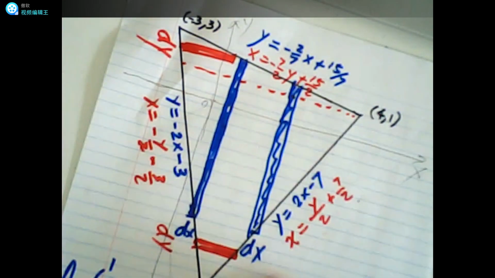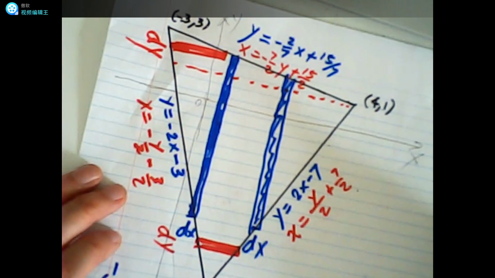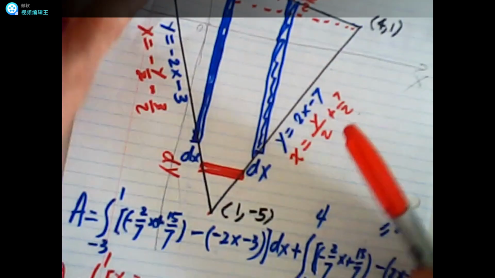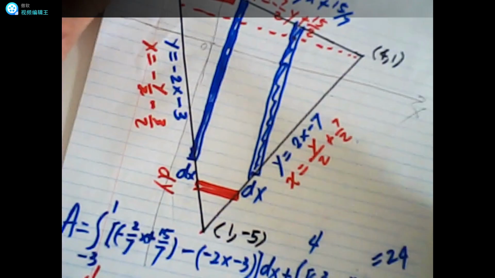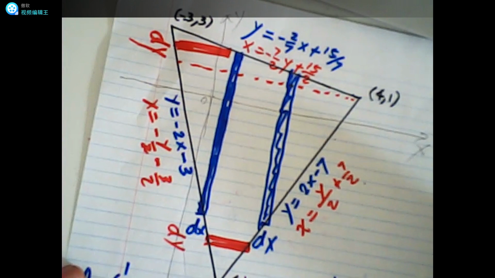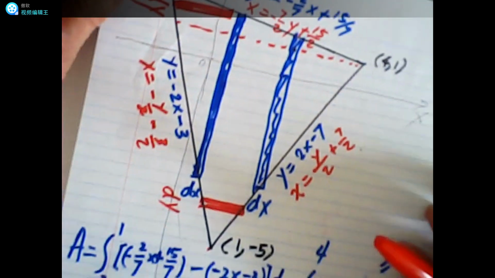And we are analyzing the same picture, which is the same area. And this is a very good example that you can thoroughly train the application of a definite integral as a way of finding area.